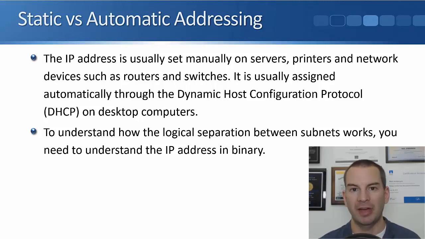But for your fixed devices where you want to make sure the IP address is what you think it is and it's never going to change, like on your servers and on your routers, you'll do it manually on them. You're going to have much fewer servers and routers, so it's not so much hassle to manually set it there. Okay, to understand how the logical separation between our different IP subnets works, you need to understand the IP address in binary.